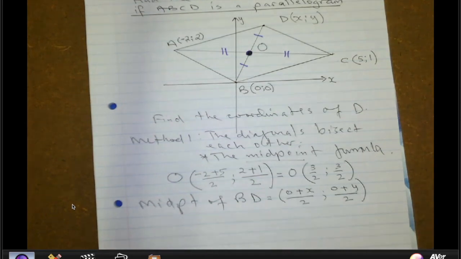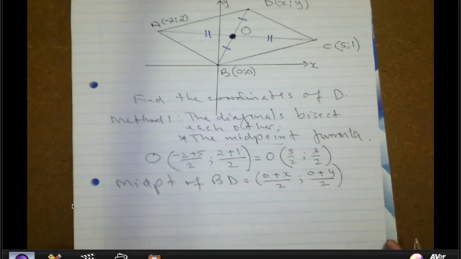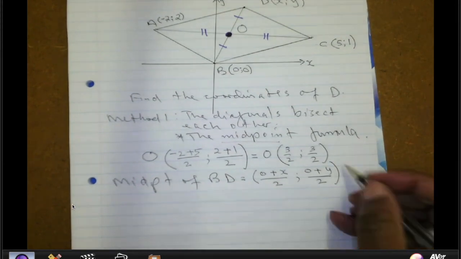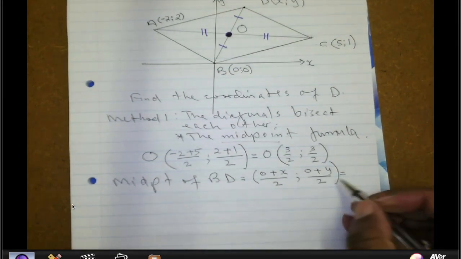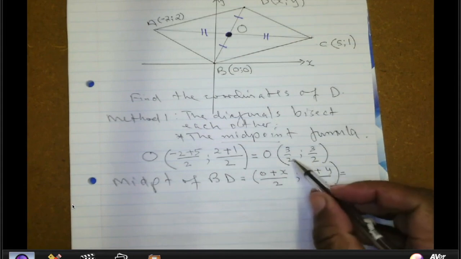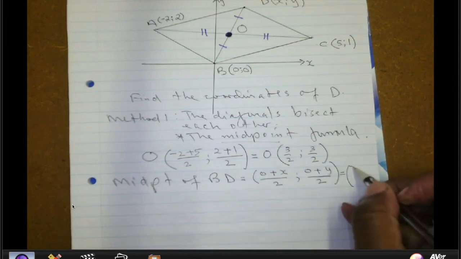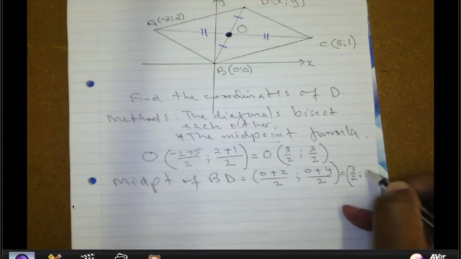But we know already that the midpoint of BD is the same as the midpoint of AC. So you see, you can form an equation here. This midpoint should be the same as 3 over 2, 3 over 2.